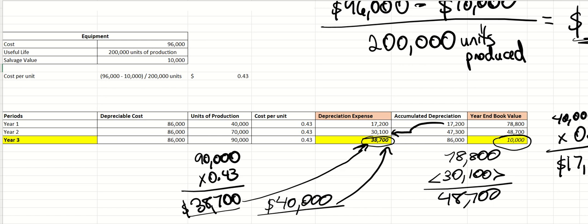We can't go beyond that amount because we have a salvage value of $10,000, which means our depreciable cost is $86,000, which matches the accumulated depreciation as well. So essentially, the equipment has been fully depreciated as of the end of year three. So this is pretty much the scenario of the units of production method.